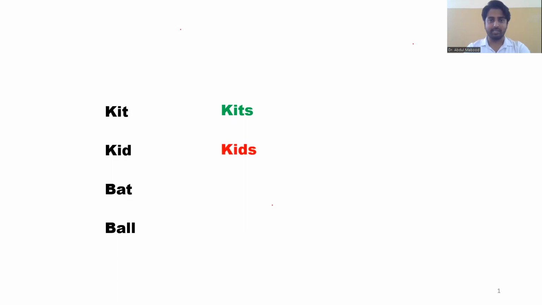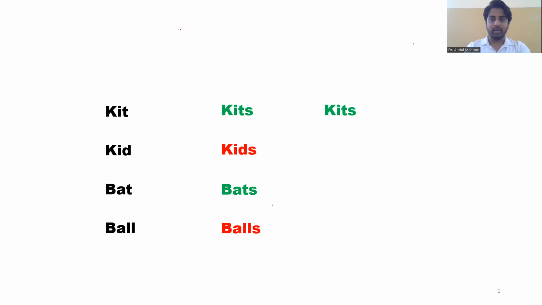Next, kids, K-I-D-S, kids, S sound we produce. Now, I'll discuss whether it is S or Z. Next, we have bats, then balls, S sound. But you can see two words are in red colors, and the problems are with these words.